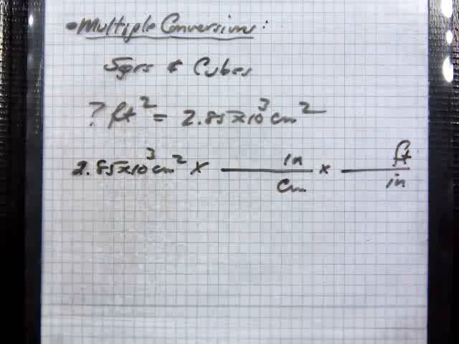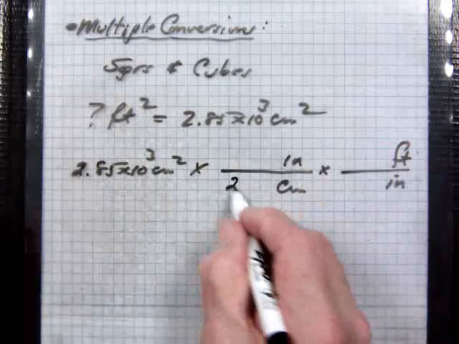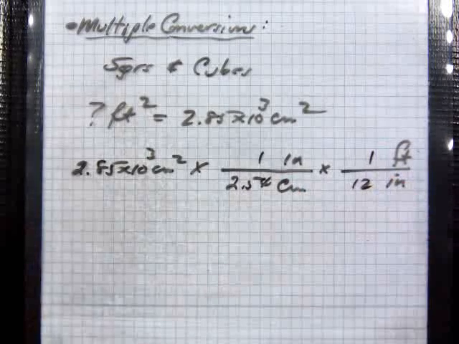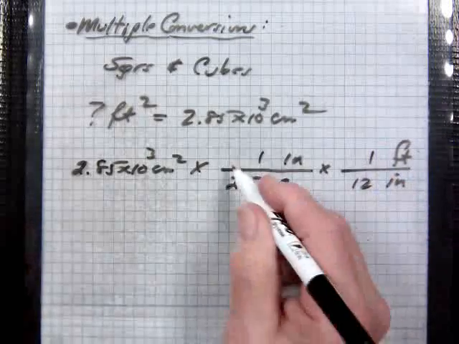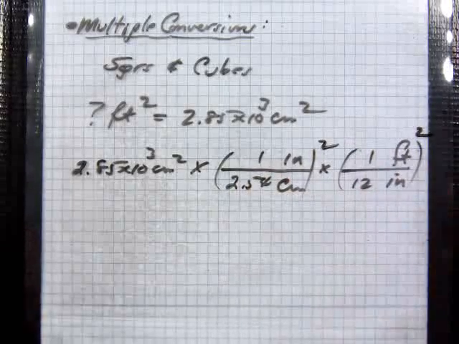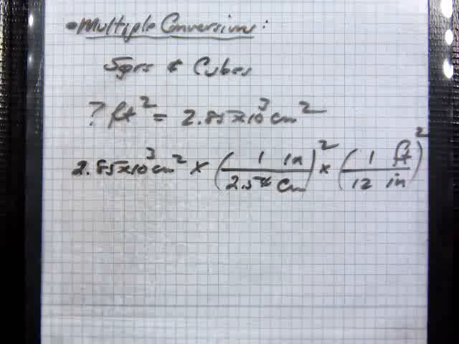I'm using simple conversions first. 2.54 centimeters in an inch, and 12 inches in 1 foot. Once you get there, put parentheses around your conversion factors and square them. You already know how to do simple conversions. All you do is bracket the conversion factors and square them.